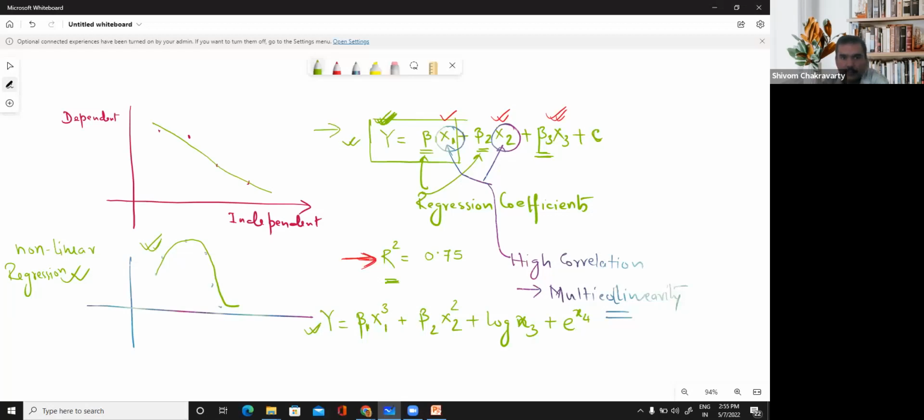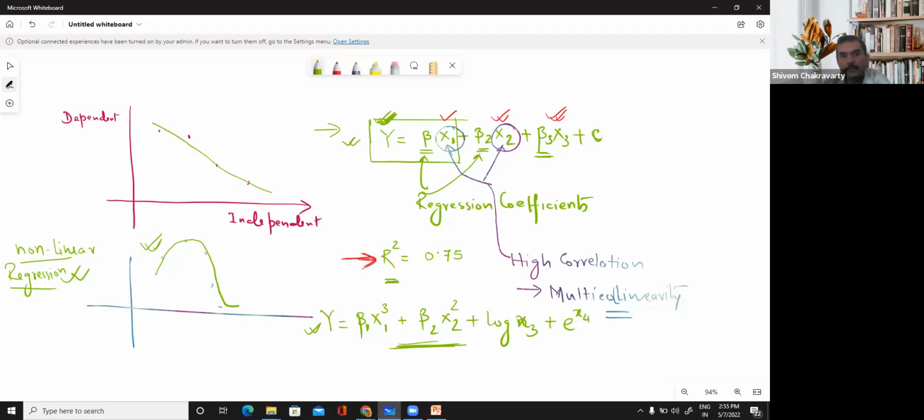We are free to choose a non-linear regression equation if we have reasons to believe or doubt. In this case, believe and doubt are synonymous. So if we have reasons to explore that a non-linear graph will fit better, the non-linear equation will be something like this, with square terms, cube terms, e to the power x terms, and things like that.